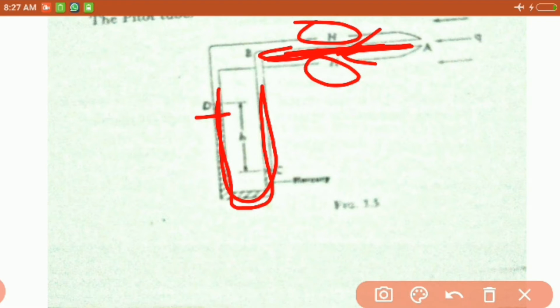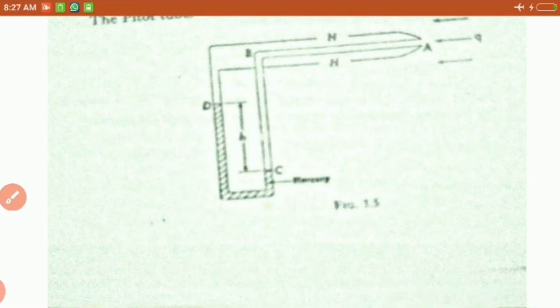This is brought to rest at D. When it enters, it will be at rest at this point D. And P is the pressure and fluid velocity q is 0.